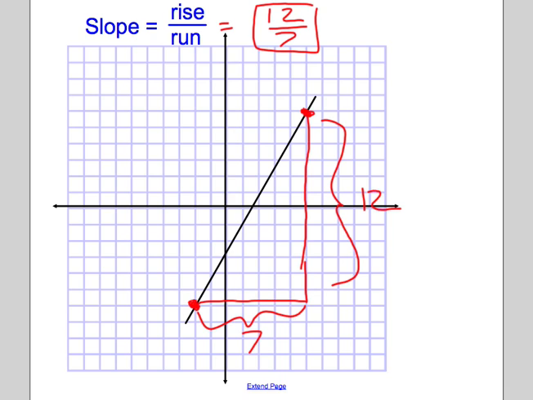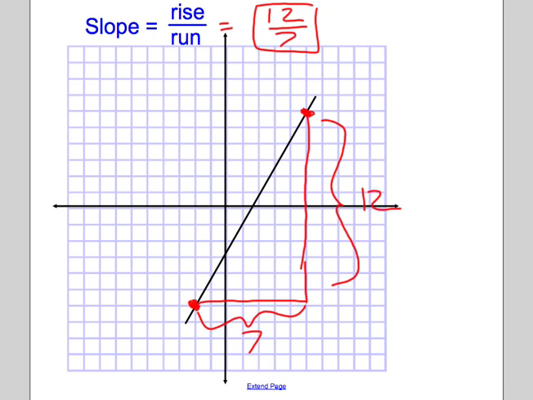Do you understand that the height is the difference height-wise between where these 2 points are? Yes. And that's what the rise is. There were 12 units between them up and down. Not the way the crow flies, but just a vertical distance of 12. Then it has a horizontal distance of 7.